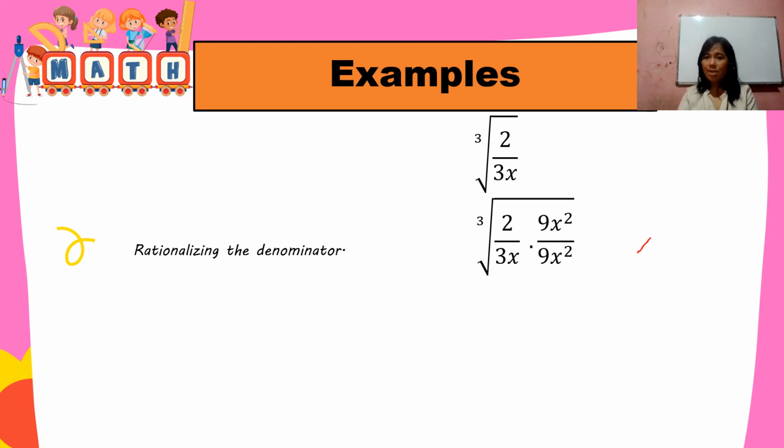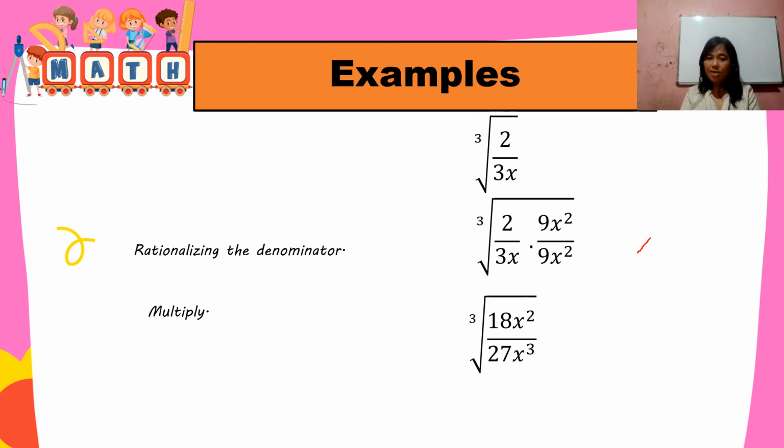So, pagka-multiply mo dun sa numerator natin, multiply na kasi yung next step. So, you're going to have 2 times 9 is 18. Tapos, copy mo lang yung x squared. So, cube root of 18x squared. Tapos, yung baba is 3 times 9 is 27. Tapos, x times x squared is x cubed.